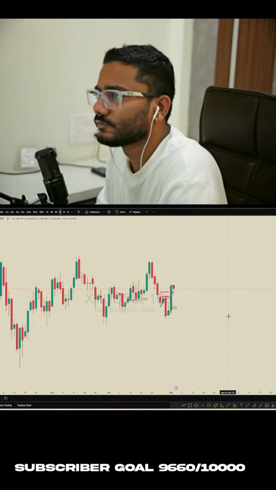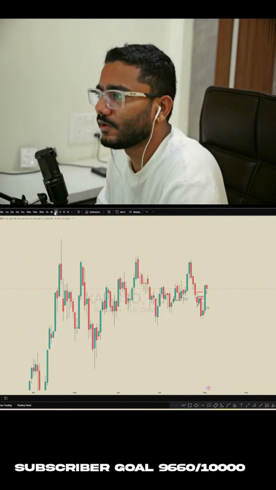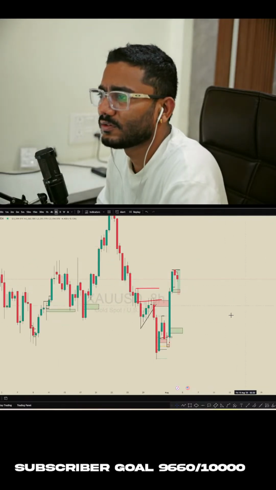Look at that. Where is the trend line liquidity on the daily time frame?